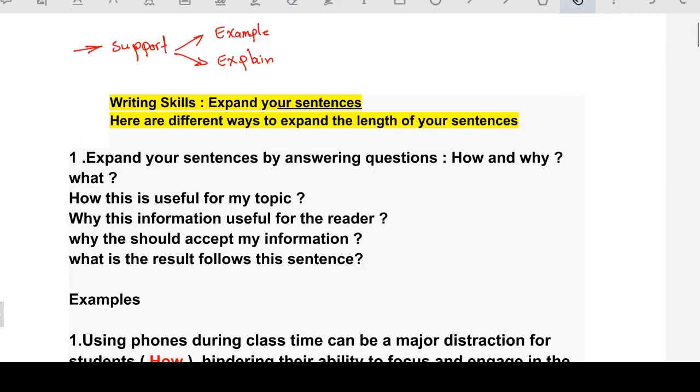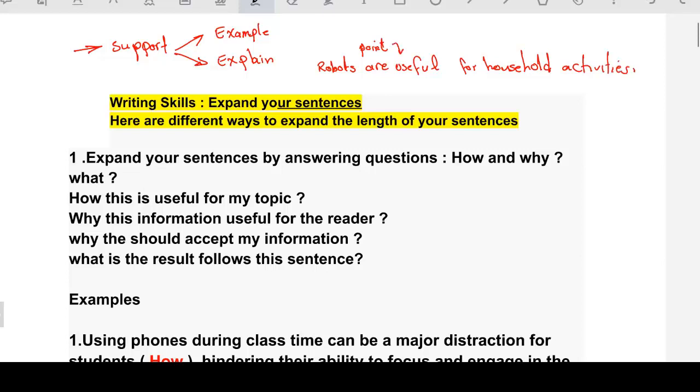Okay, so if I wrote a point like robots are useful for household activities, okay?